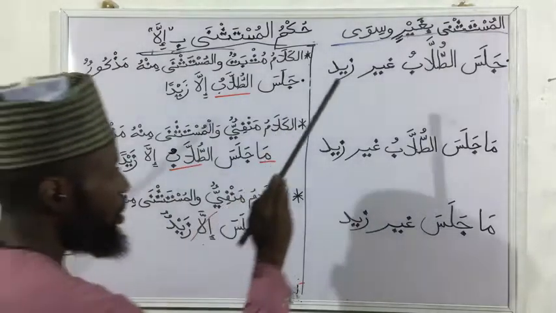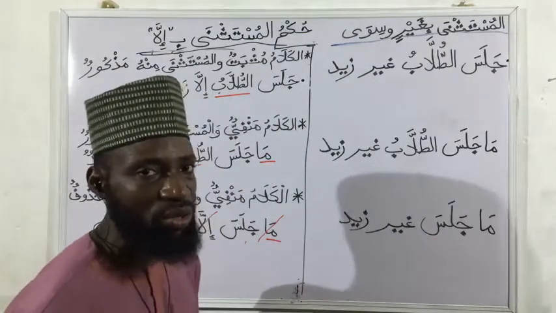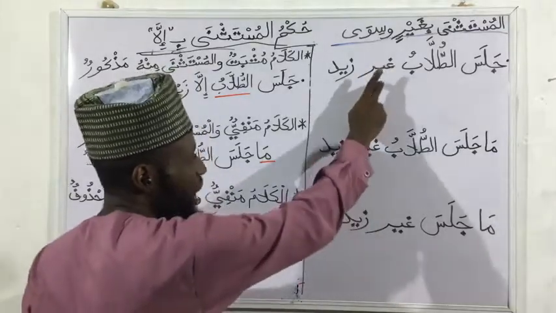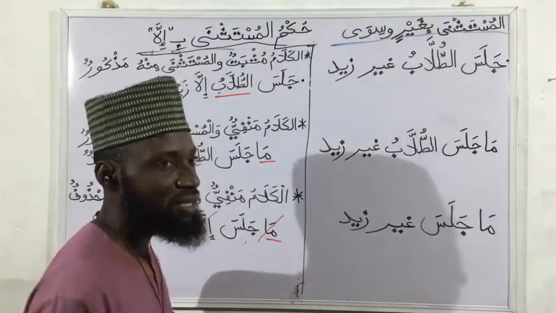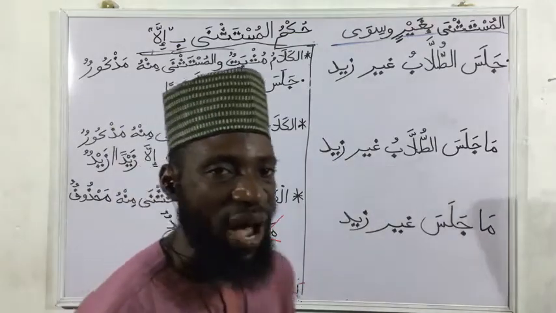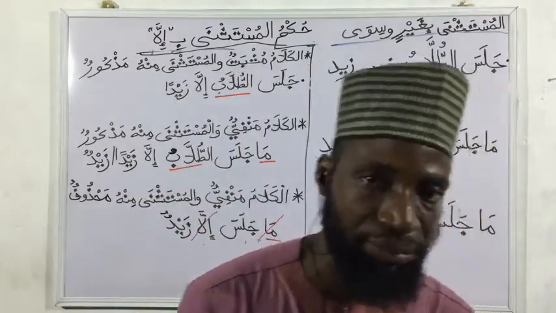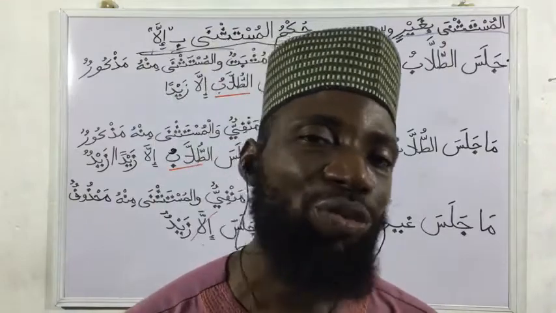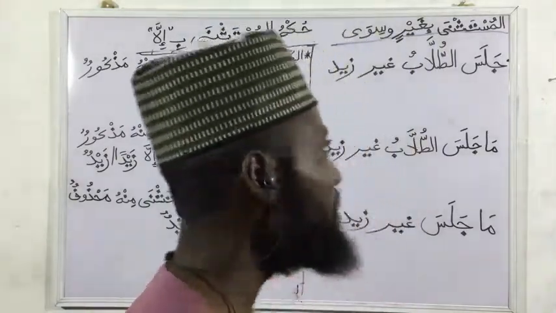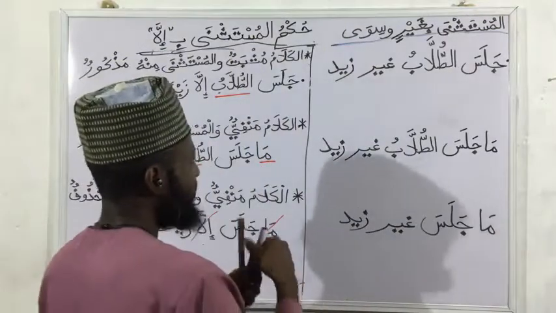Whenever we are using ghayru or siwa, the first thing you must take notice of is that because they are nouns, the rule of nouns is going to take place. That means when you have a noun and another noun is coming after it, in a noun-of-noun process they go together, what we know as idafa in Arabic. That means your mudaf ilayhi is going to take jarr. So this Zaid now takes jarr.